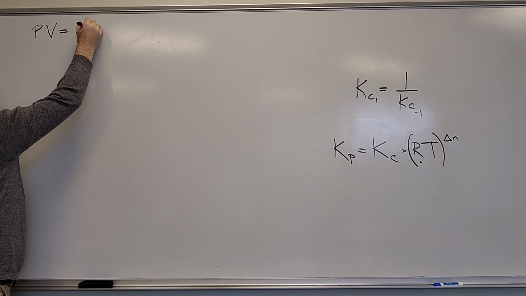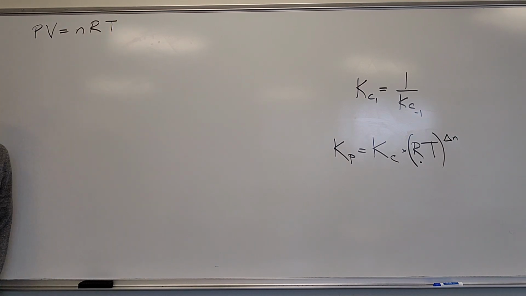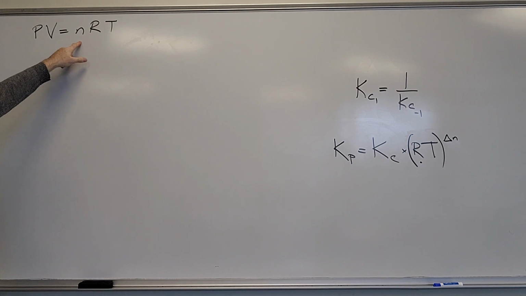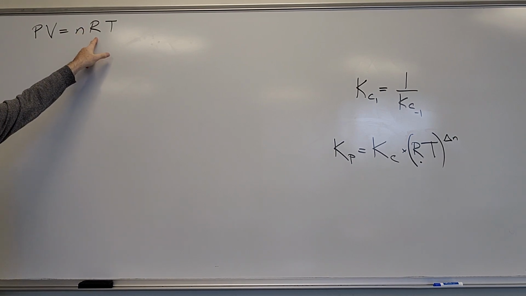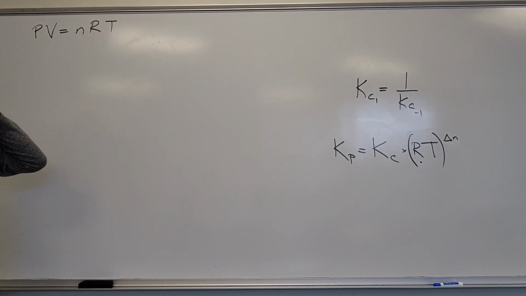PV equals nRT, right? The ideal gas equation. The pressure multiplied by the volume is equal to the number of moles times this value R that we look up in a book times the temperature.